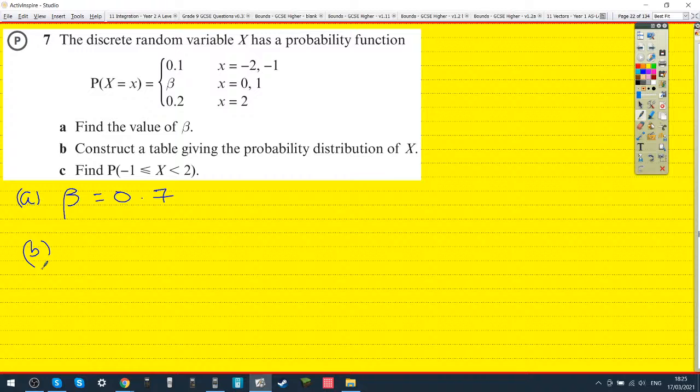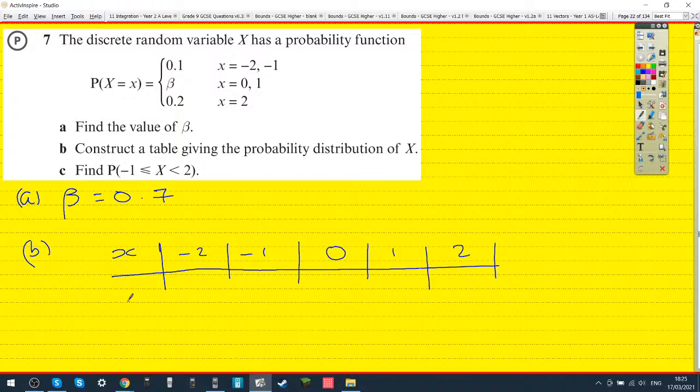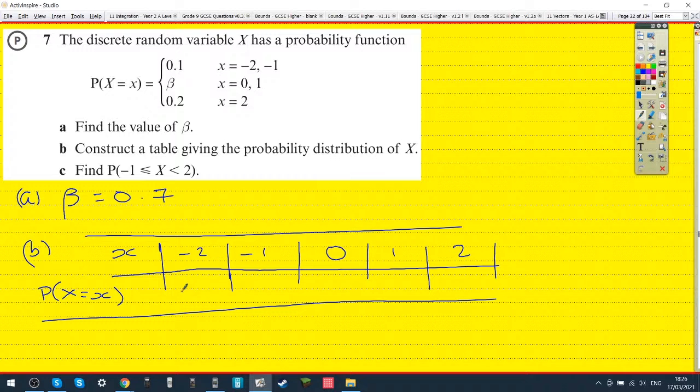B, table. Okay. So x is -2, -1, 0, 1, 2. And then p x equals x. Zero point 0.1, 0.1. 0.7, 0.7.